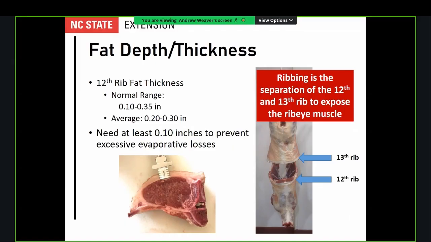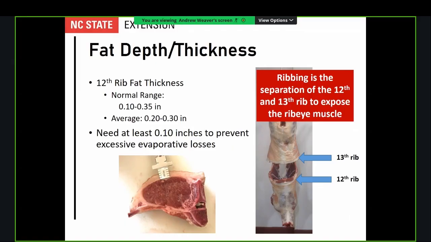And so you can imagine when we put that fat covering over the carcass, you can almost think of it as a seal. That water that's contained in the muscle inside that carcass, when there's an adequate fat layer on top of it, it minimizes the amount of water that can escape through that fat and then evaporate. If we have a carcass that has very little to no external fat, a lot of that water can just be lost during that cooling process.